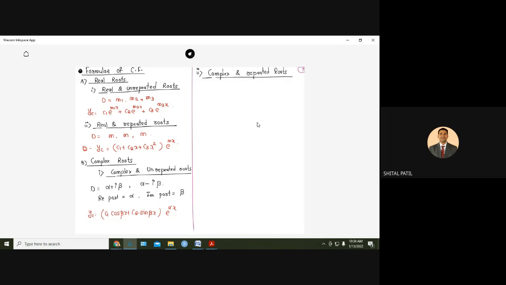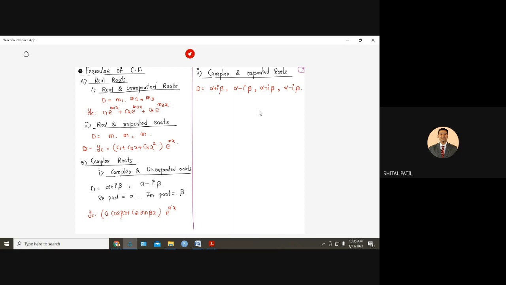Complex and repeated roots. So say D equals alpha plus i beta, 1 root. Alpha minus i beta is the second root. But we want repeated roots. So alpha plus i beta is repeated. Once alpha plus i beta is 1 root, by default alpha minus i beta will be the second root. In fact, complex roots appear in pairs.